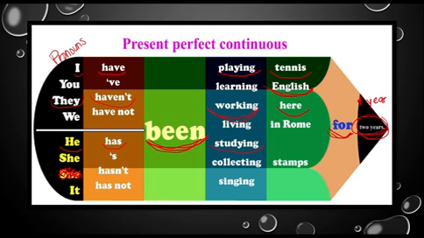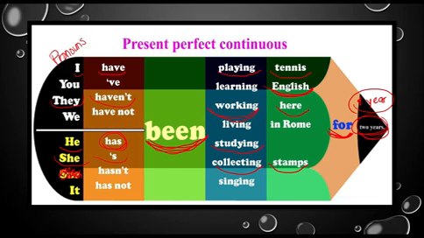Ojo. Next example. She's is the contraction. Remember, she's is the contraction for has. She has been collecting stamps for 1 year. Okay.